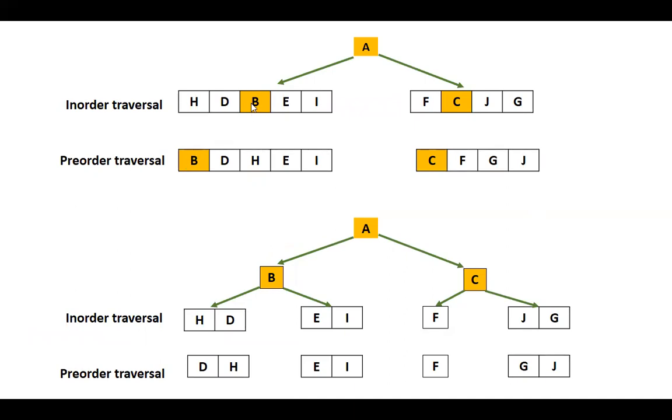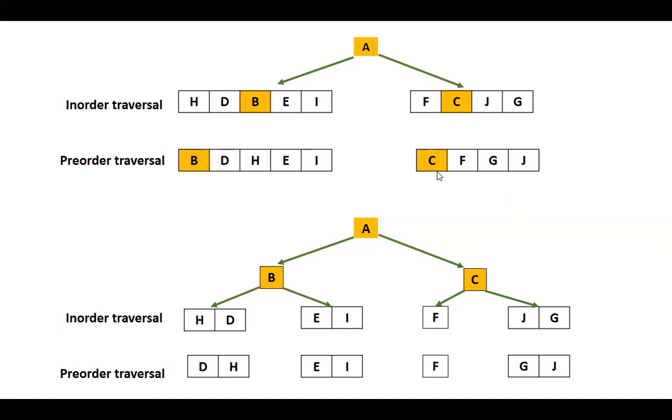B is in the center, right? This is the left subtree and these are the items of the right subtree. So the left child of A is B. B's left subtree is H and D, and the items on the right subtree are E and I in case of in-order. Similarly, in case of pre-order, it is D and H on the left side, and E and I on the right side.